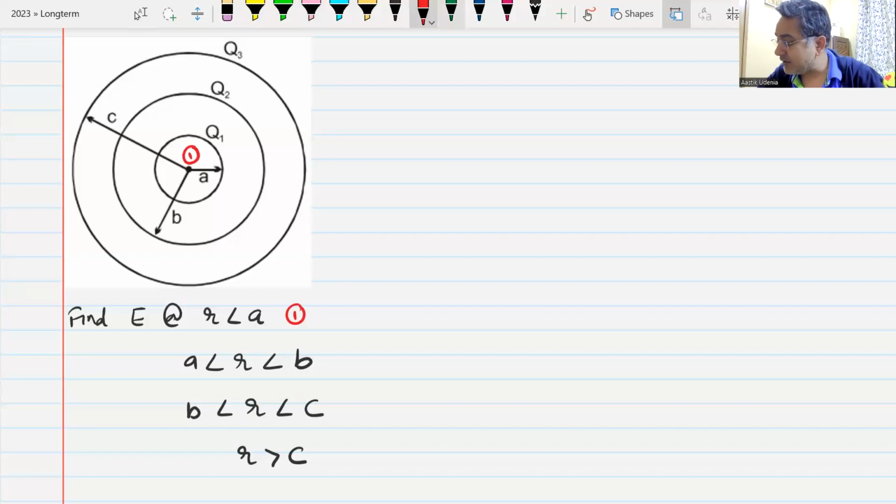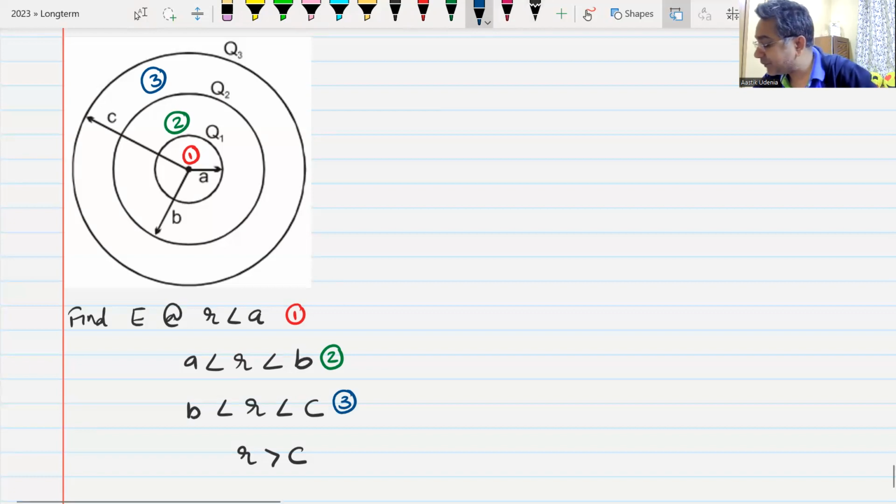Then you can have a point somewhere between the first and the second shell. This is point number 2. The third point could be somewhere between the second and the third shell. And then you can have the fourth point, which is outside the outer shell.